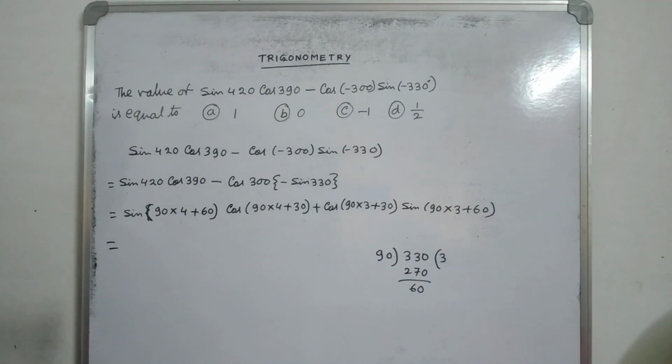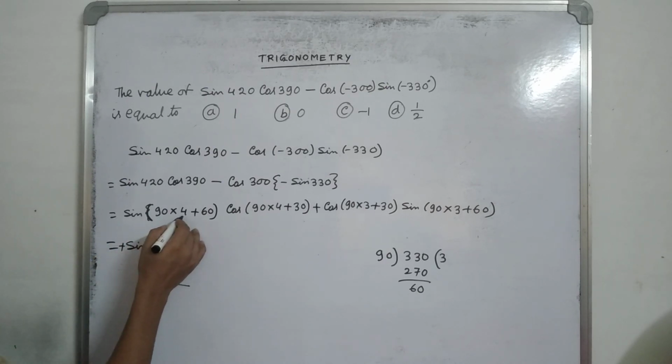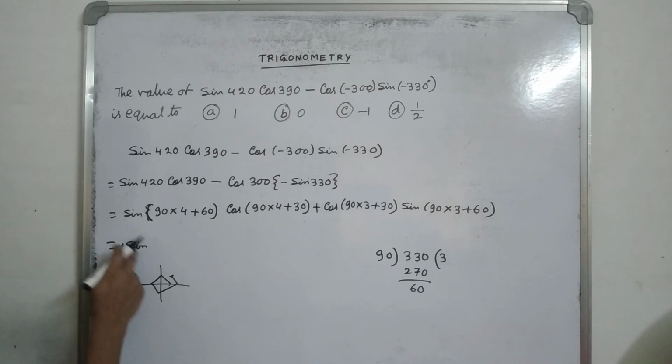Now you see that 90 into 4 plus 60 lies in the first quadrant. In the first quadrant sine is positive, and 90 into 4 is an even multiple, so sine remains sine, so sin 60.